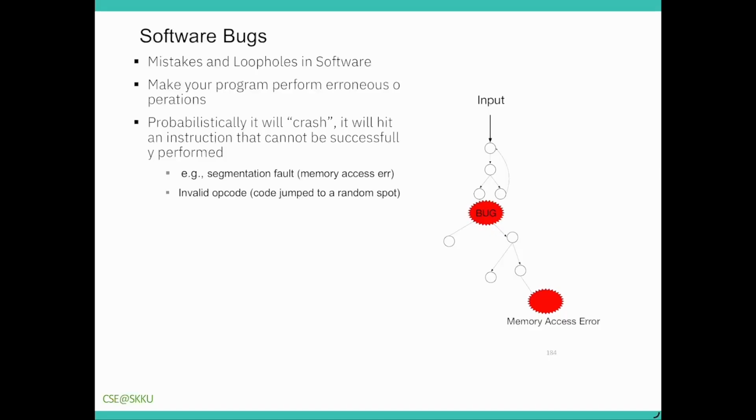So all programs have mistakes and loopholes, right? So if you make a mistake, C is notoriously difficult to make right, especially regarding the use of pointers. So if you make a mistake in using pointers in C, there's a very high chance that the program will just crash, right? So this is when you see errors like segmentation fault and so on.